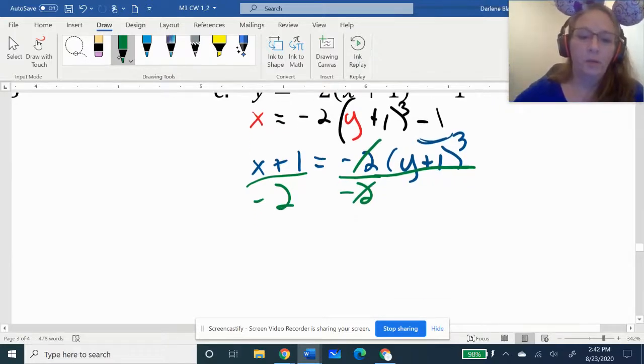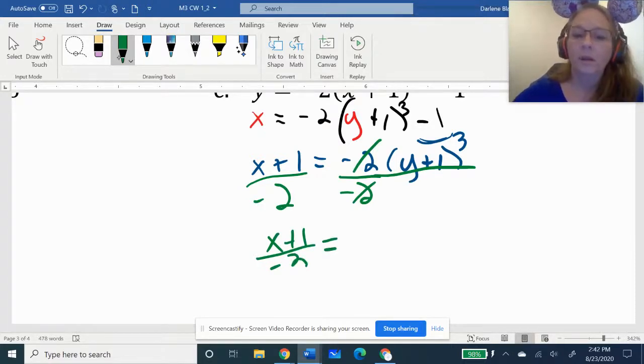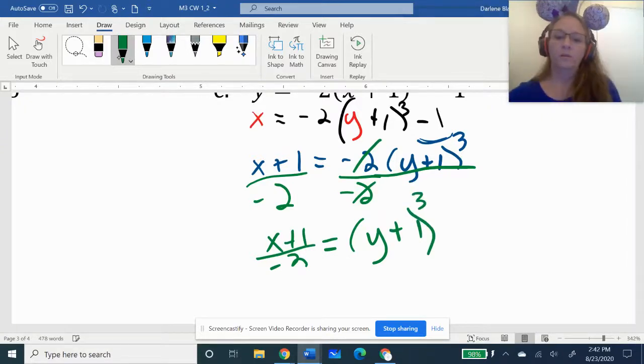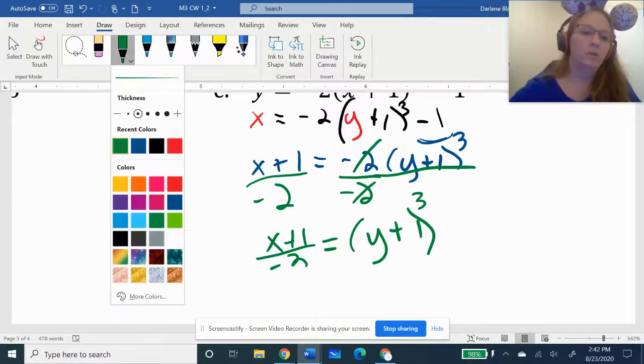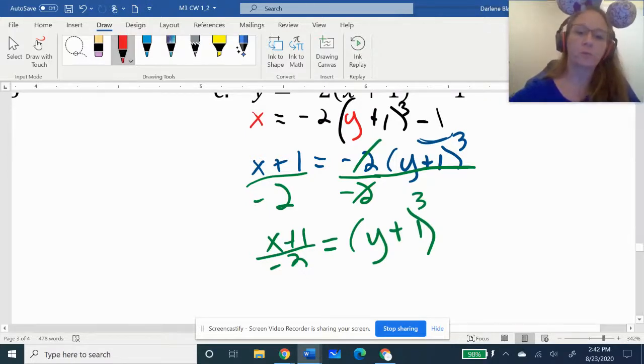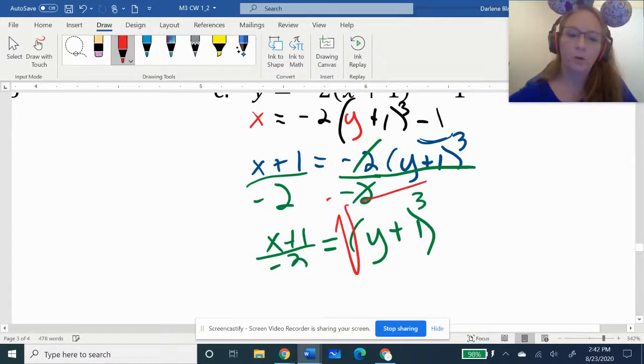And at that point, now the variable we're trying to isolate, y, has addition in a parentheses and an exponent. Exponent is the weakest operation. To undo a third power, you are going to do the opposite operation, which is a root. You are going to cube root both sides of the equation.